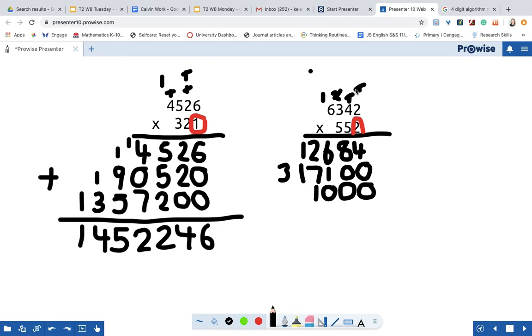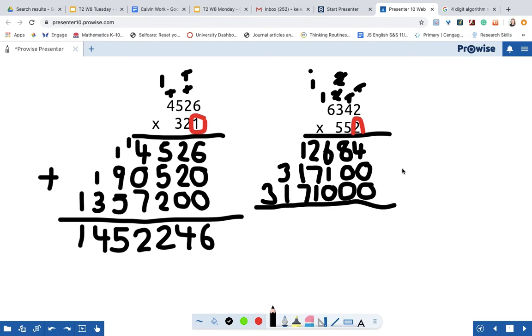So there we go. 3 times 5 is 15 and 2 is 17. 5 times 6 is 30 and 1 is 31. You see a pattern there, you have the same answers for that one. And then what do we do? We add them all together.